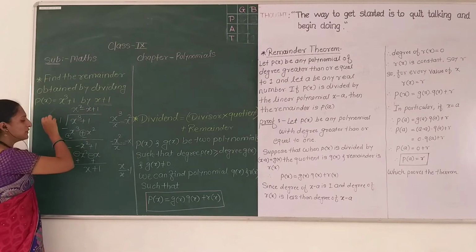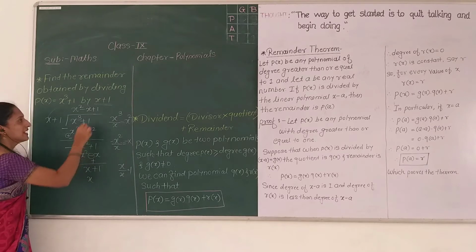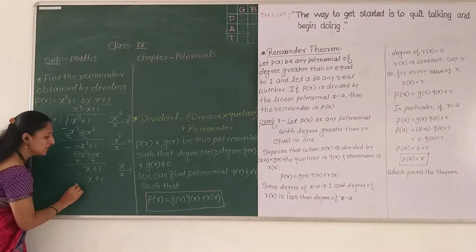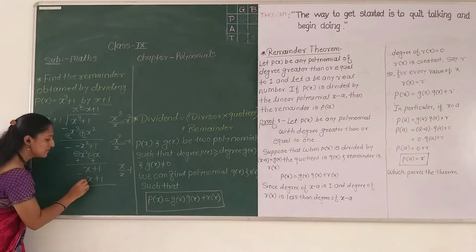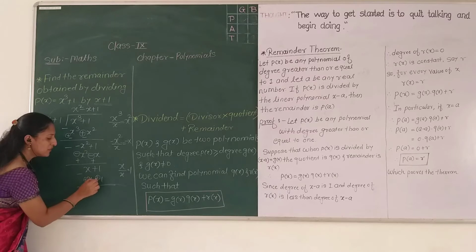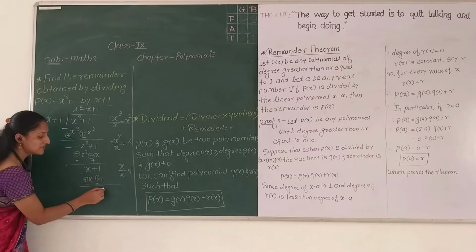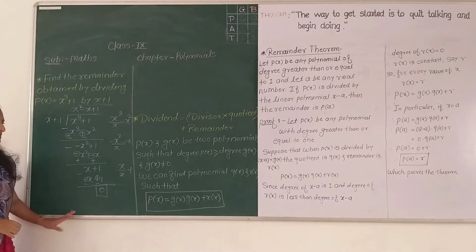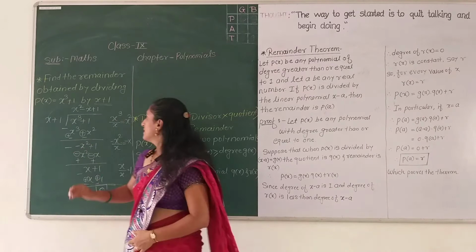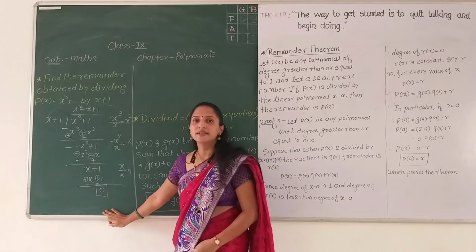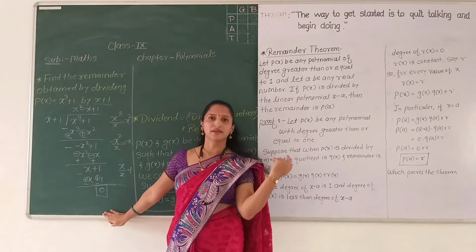That is 1 into x is x and 1 into 1 is 1. Subtract these two polynomials here. Change the sign: this positive becomes negative, this positive also becomes negative. So x minus x is 0 and 1 minus 1 is 0. That means here we get 0 as the remainder. When we divide x cube plus 1 by x plus 1, we get 0 as the remainder.